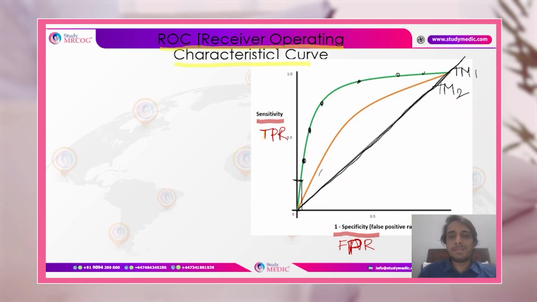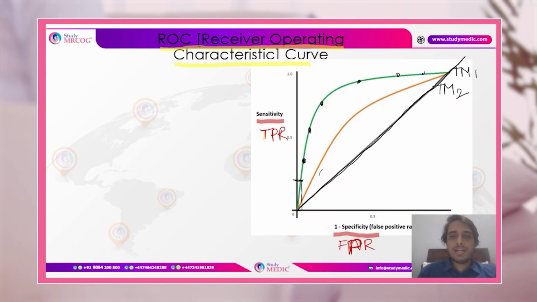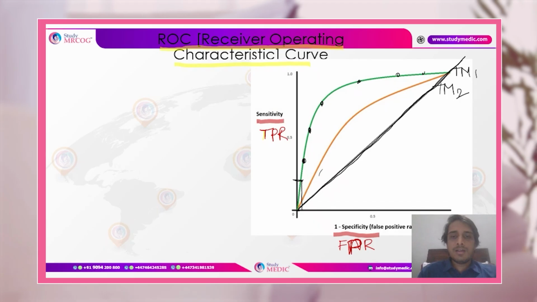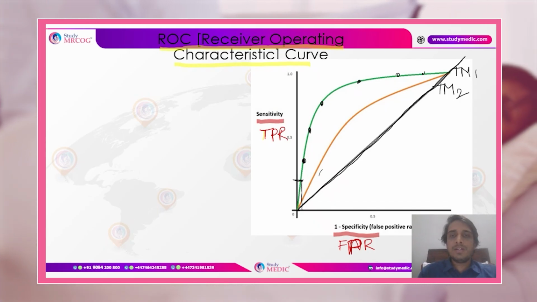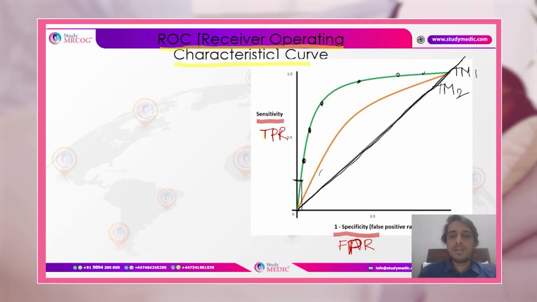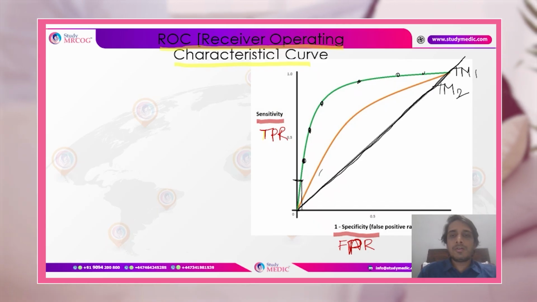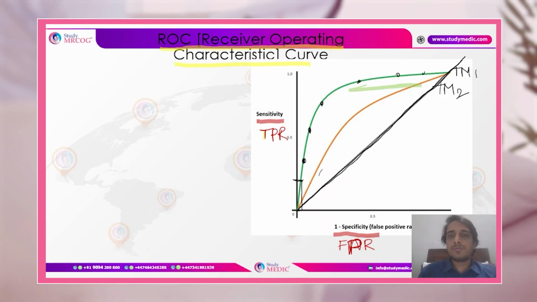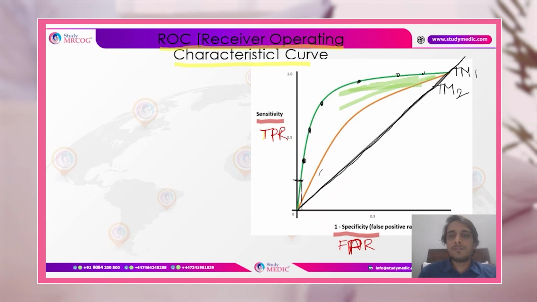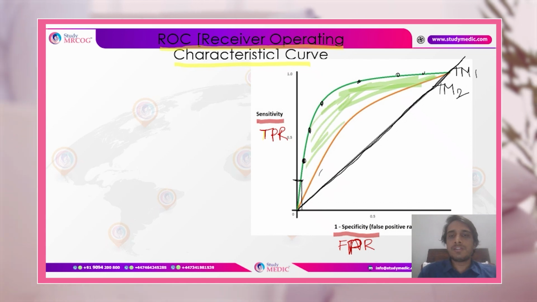Now you can see the green line, tumor marker 1, which is very close to the true positive rate. The area under this particular tumor marker's ROC is very good, more than 0.8. So we have to consider the whole area.